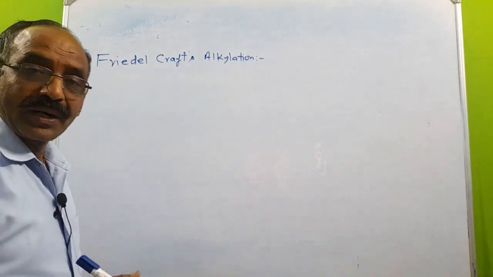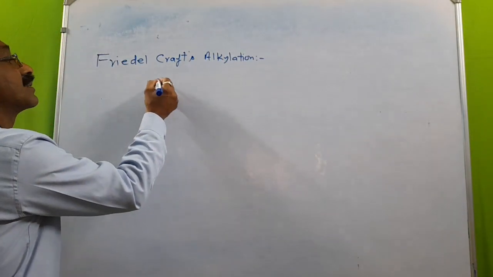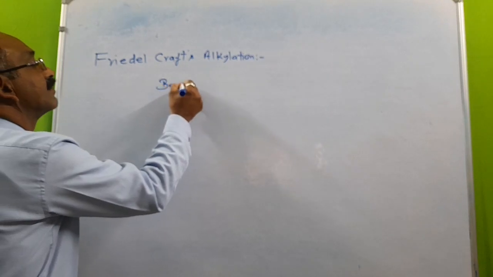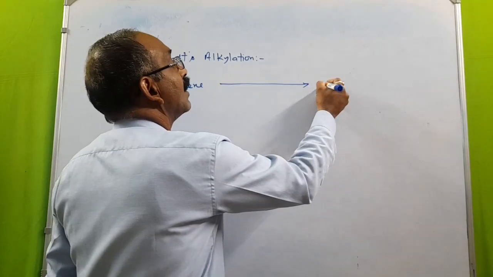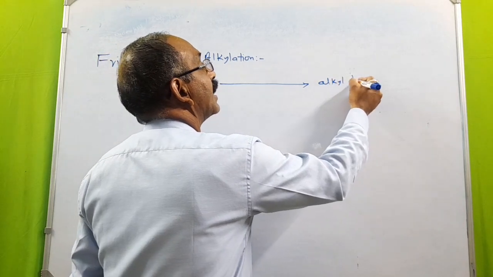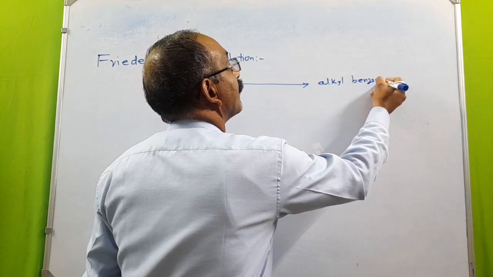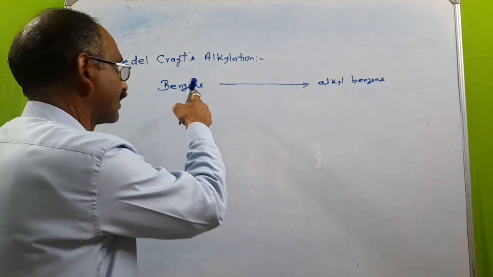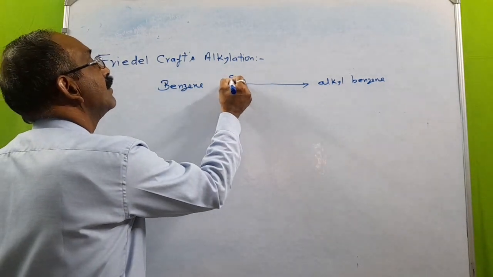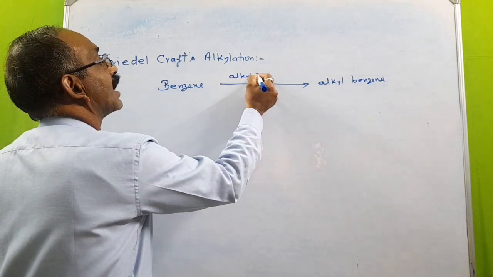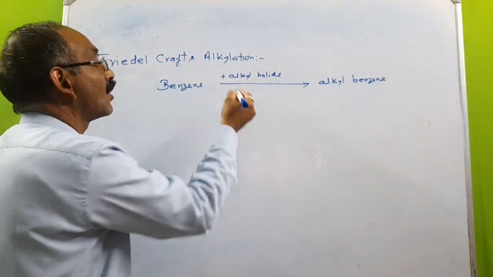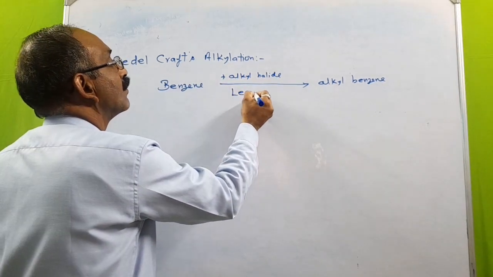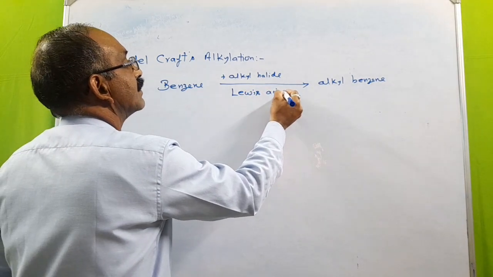See what happens in this reaction: benzene is converted to alkyl benzene by treating it with a suitable alkyl halide in presence of some Lewis acid.